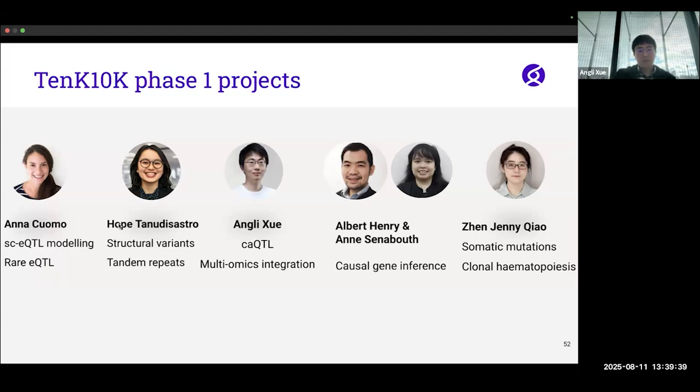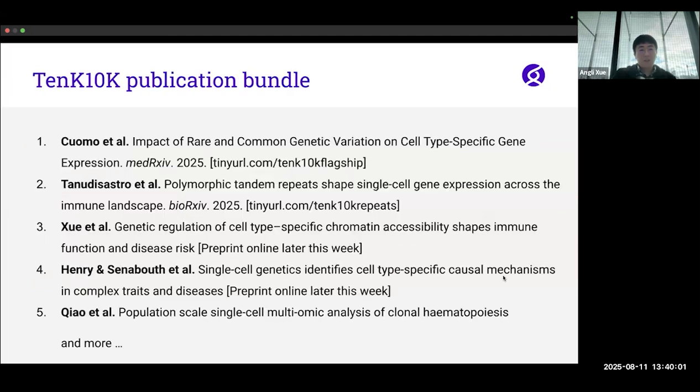Hope is focused on structural variation, which is tandem repeats, and how this type of variant affects gene expression. Albert is interested in identifying causal genes and their function in the causally relevant cell types. Jenny is working on somatic mutation and studying how clonal hematopoiesis affects gene expression in different cell types.